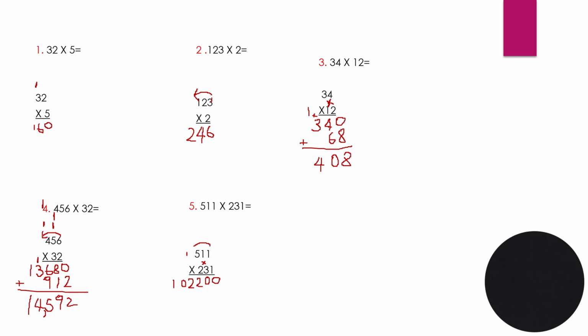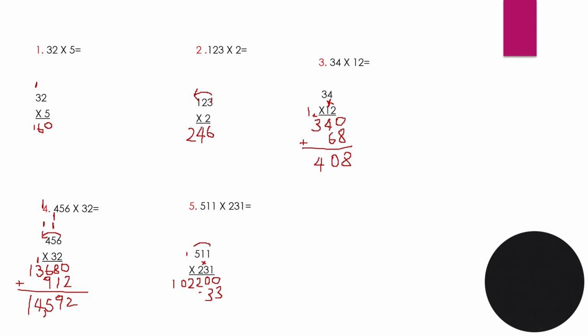So now we finish working with the 2. We're going to start by working with the 3, right? So 3 ones are 3, 3 ones are 3, and 3 5s are 15.